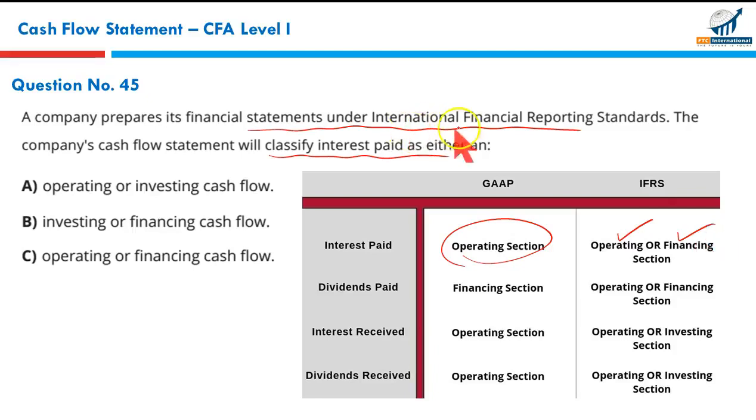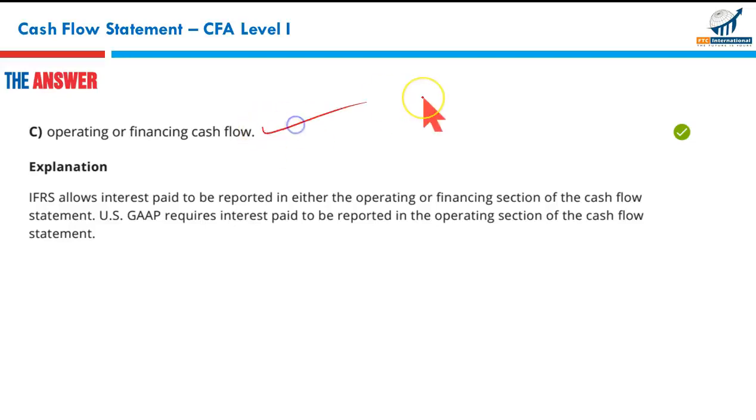But under US GAAP, it's an operating cash flow. So under IFRS it is either operating or financing, which makes C the correct option.